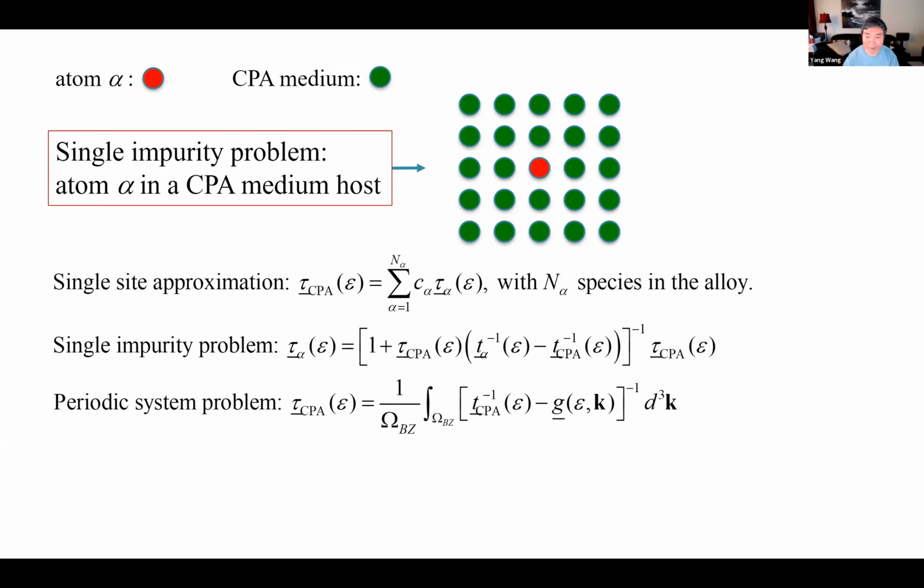So we know how to calculate it. And T alpha is for this particular impurity site. The T matrix for it is, for a given particular atom, T alpha inverse minus T CPA inverse. T CPA is unknown so far, but that's what we want to calculate. So our goal is to calculate T CPA, this CPA medium scattering matrix. We calculate tau alpha. So far, T CPA is still unknown.